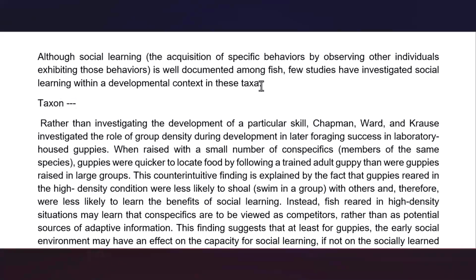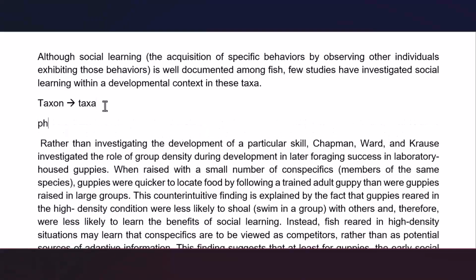And when we want to make taxon plural, it turns into taxa. This is a common rule in making plurals in Latin-rooted words, that we drop on and replace it with a. For example, we have phenomenon, which turns into phenomena when it becomes plural. Okay.